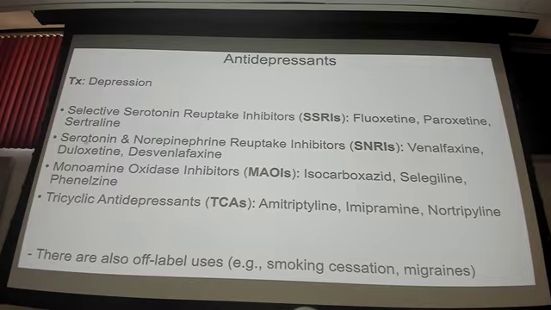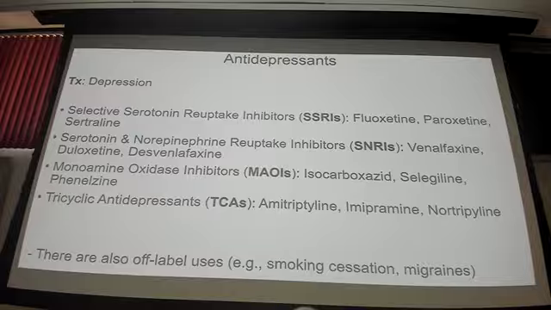The latter two, the monoamine oxidase inhibitors and the TCAs, have more side effects, and those were discovered in like the 40s and 50s. Those aren't used that much unless you have a patient that's non-compliant to some of the newer ones. The newer ones have a better side effect profile, meaning they have fewer side effects.